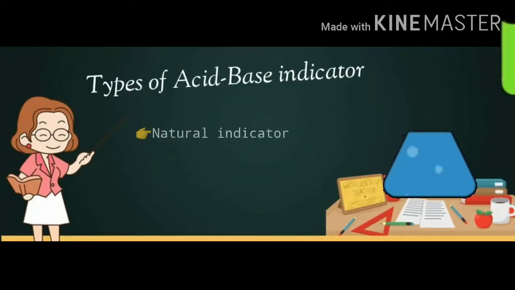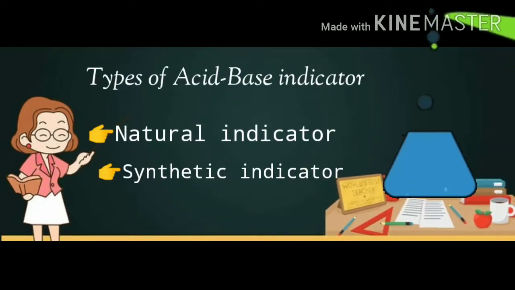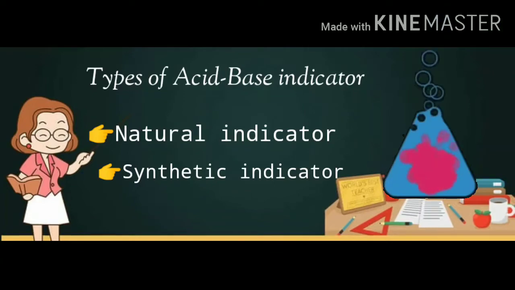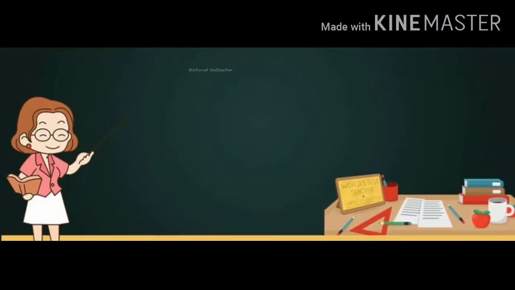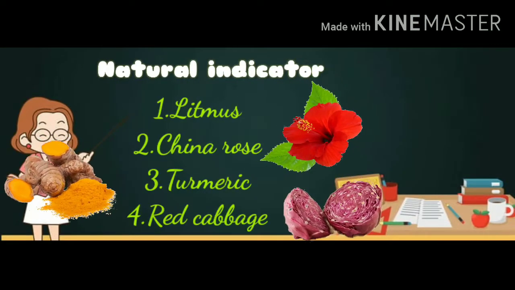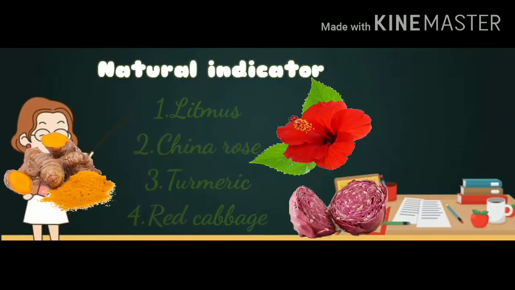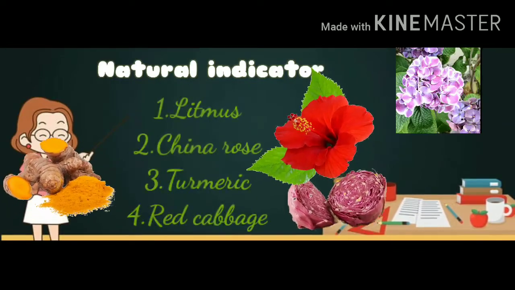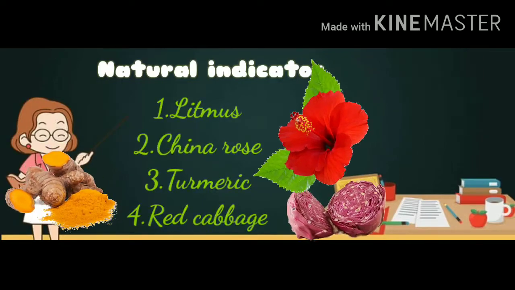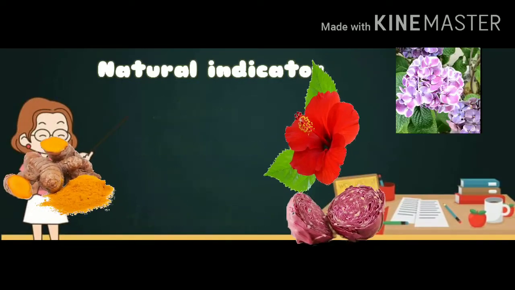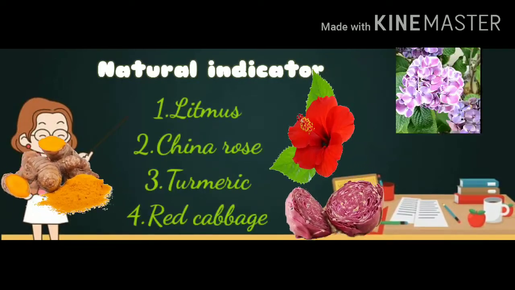Two types of indicators are there. One natural indicator, second synthetic indicator. Natural indicators we get from nature. They are not man-made. Examples of natural indicators are litmus, China rose, turmeric and red cabbage.